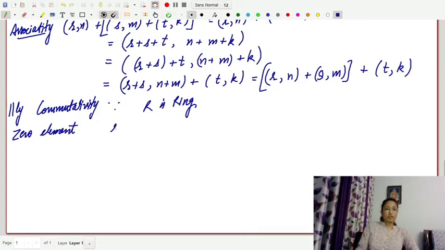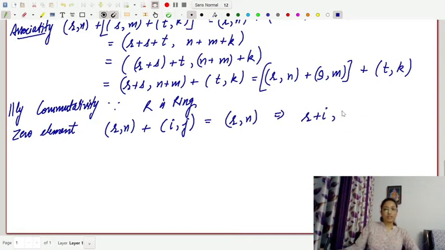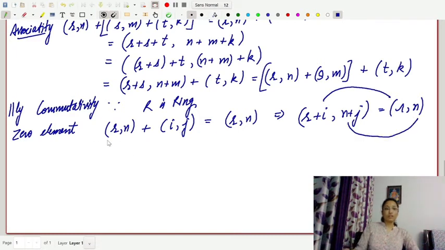For (r, n), suppose we take the zero element as (i, j). Then (r, n) is equal to (r plus i, n plus j), which is equal to r plus i is equal to r, n plus j is equal to n.